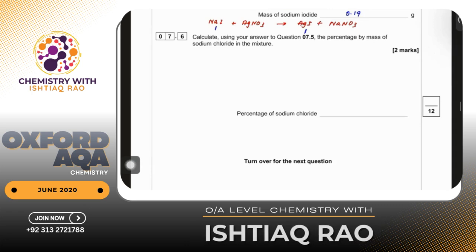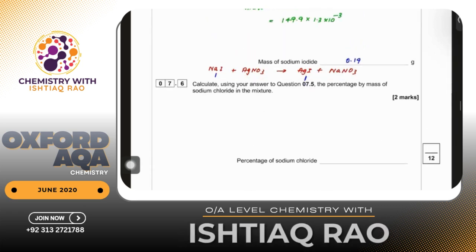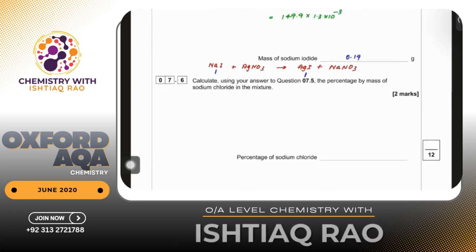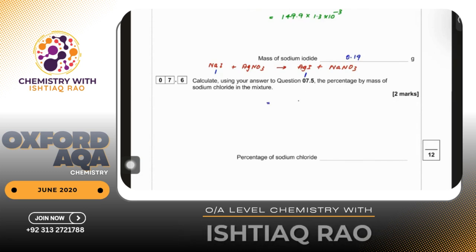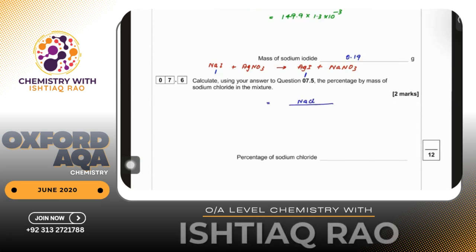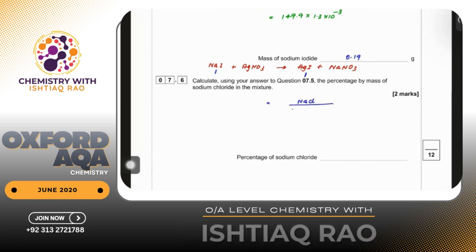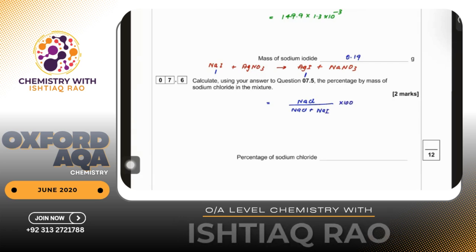What's the formula for percentage by mass of sodium chloride in the mixture? Sodium chloride divided by sodium chloride plus sodium iodide, multiplied by 100.